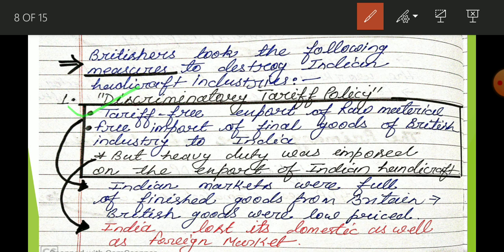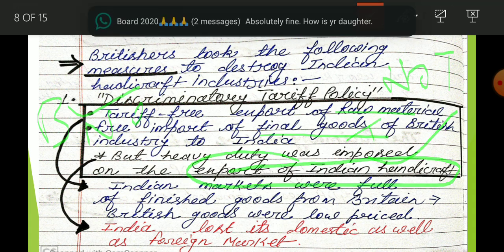When they are bringing raw material, they have to pay no tax. When they are coming and selling their final goods, Britishers have to pay no tax. But when Indian traders export, that is, they sell their handicraft industry goods, they have to pay heavy tax.